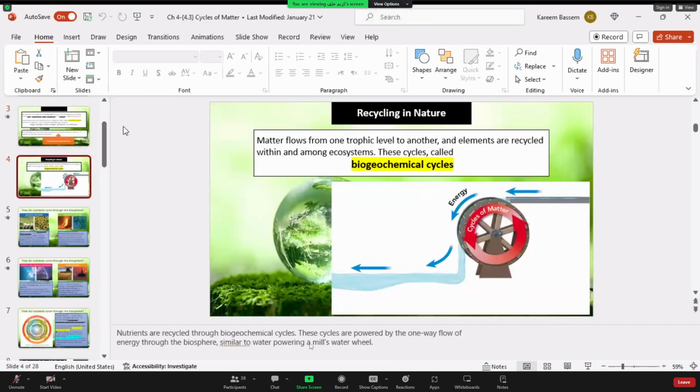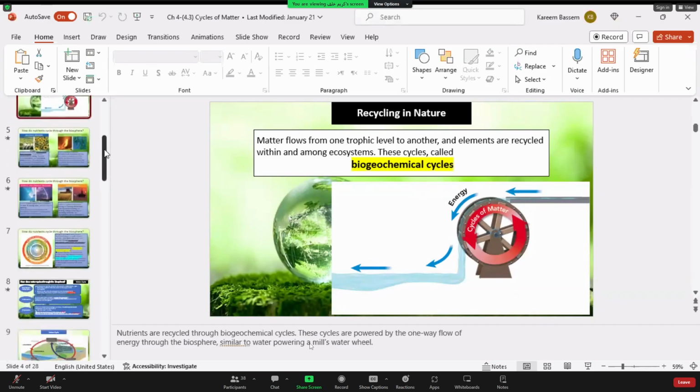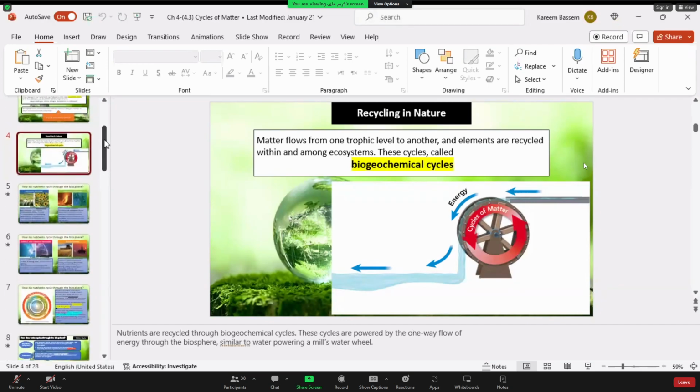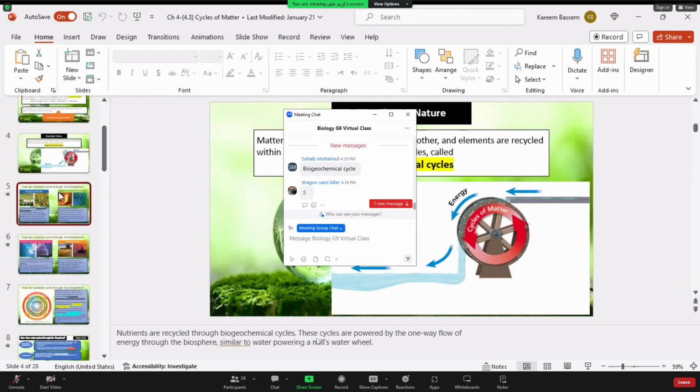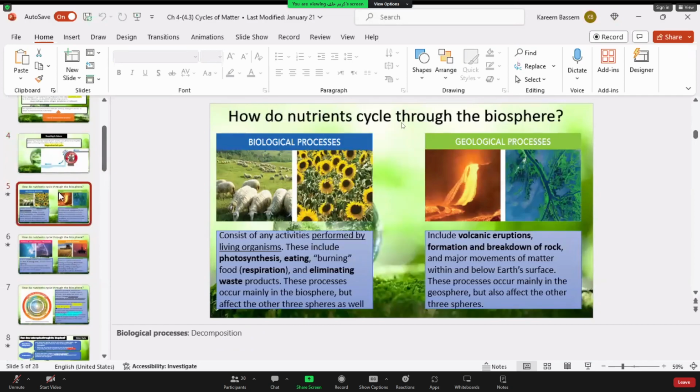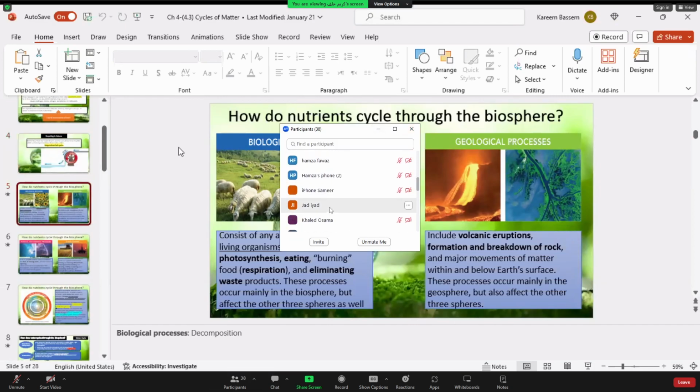The cycling takes place through the biogeochemical cycle. Will it change the meaning if I say biogeochemical process or biogeochemical cycle?